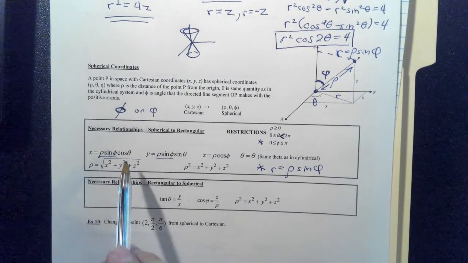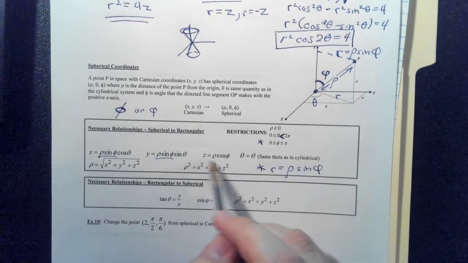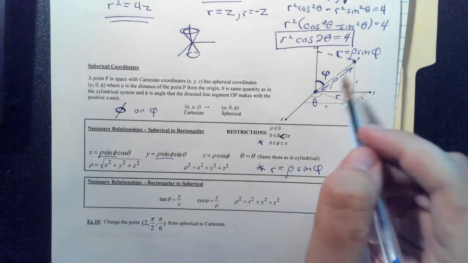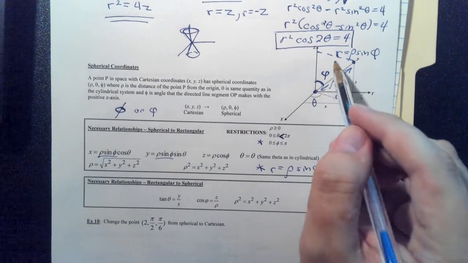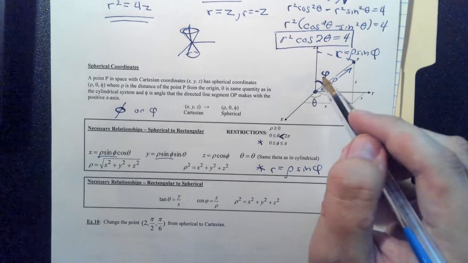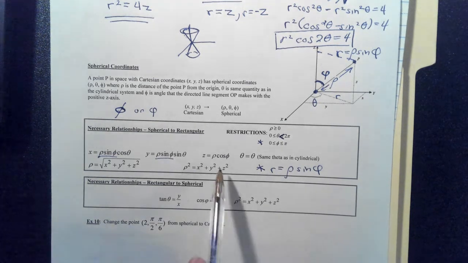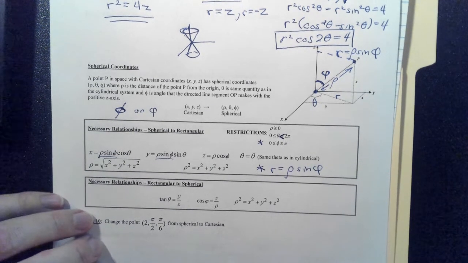And then it makes sense why these x and y conversions hold. I can also see that z is rho cos phi because, again, in this same triangle, if I multiply the hypotenuse by the cosine of this angle, I will get the adjacent side, the z distance. And rho cos phi will tell me whether z needs to be positive or negative.